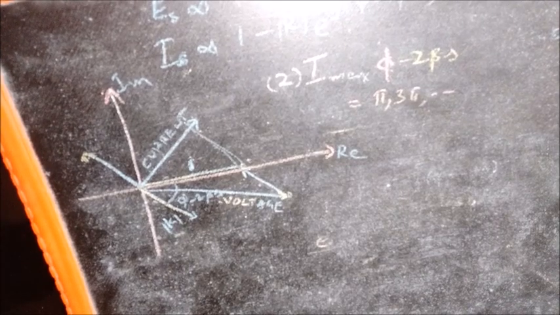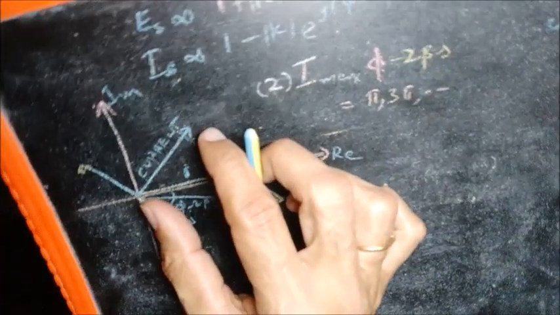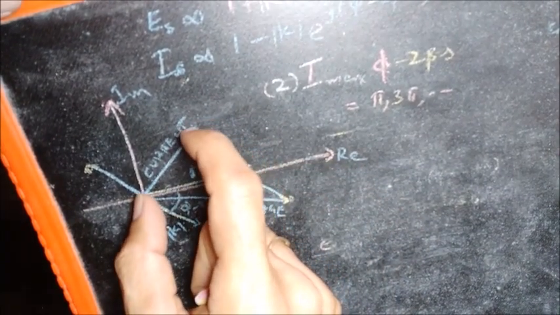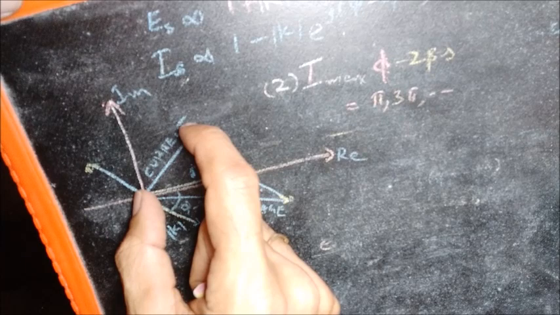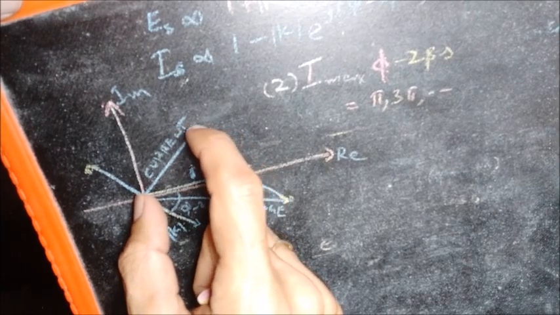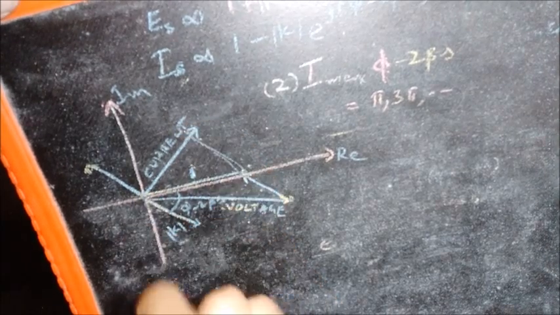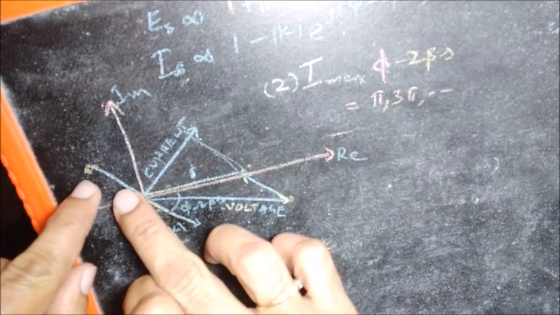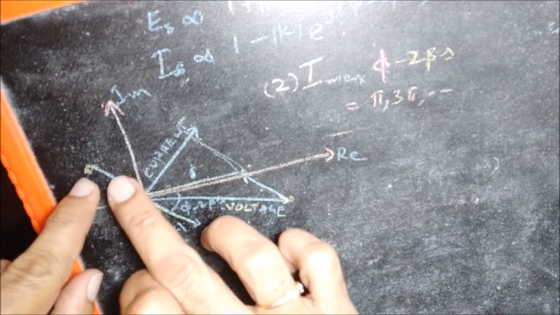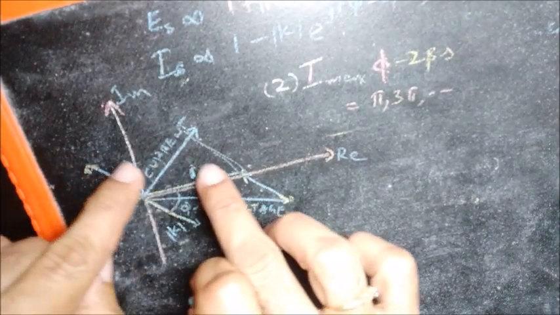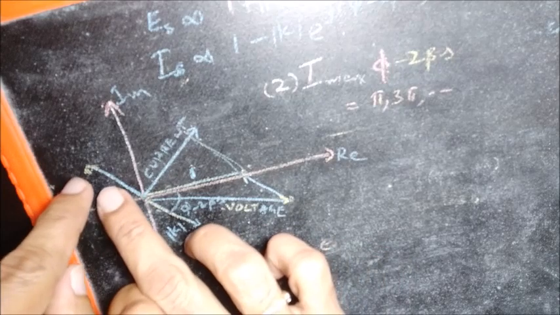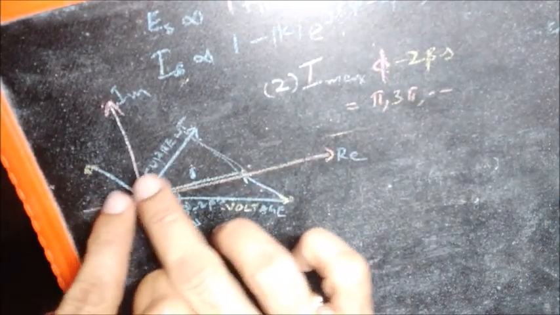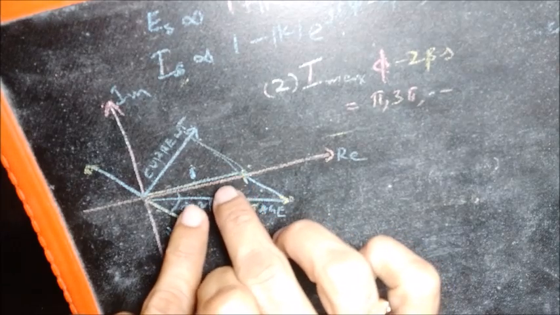And that is also quite obvious because this is the current phasor, and for this phasor to have its maximum amplitude, you see that this has to be aligned with this. That means minus k e raised to j (phi minus 2 beta s) has to be aligned with this.